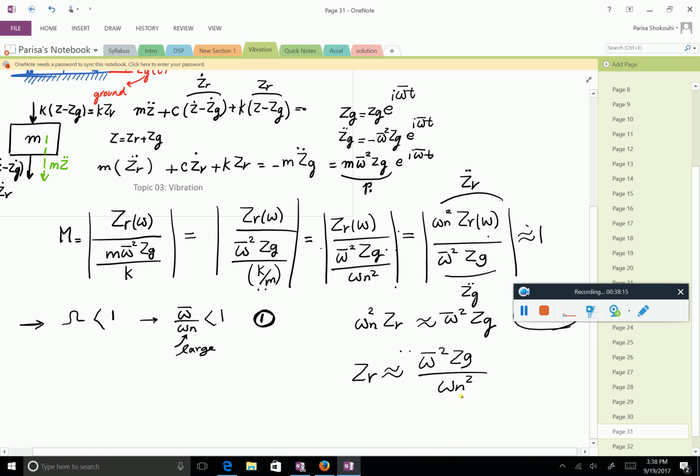And imagine that I choose an accelerometer with a very, very high natural frequency. What happens in this case? What you are measuring, let's say you have this coming from the ground, you divide it by something very large, squared. So what you are going to measure will be very small.